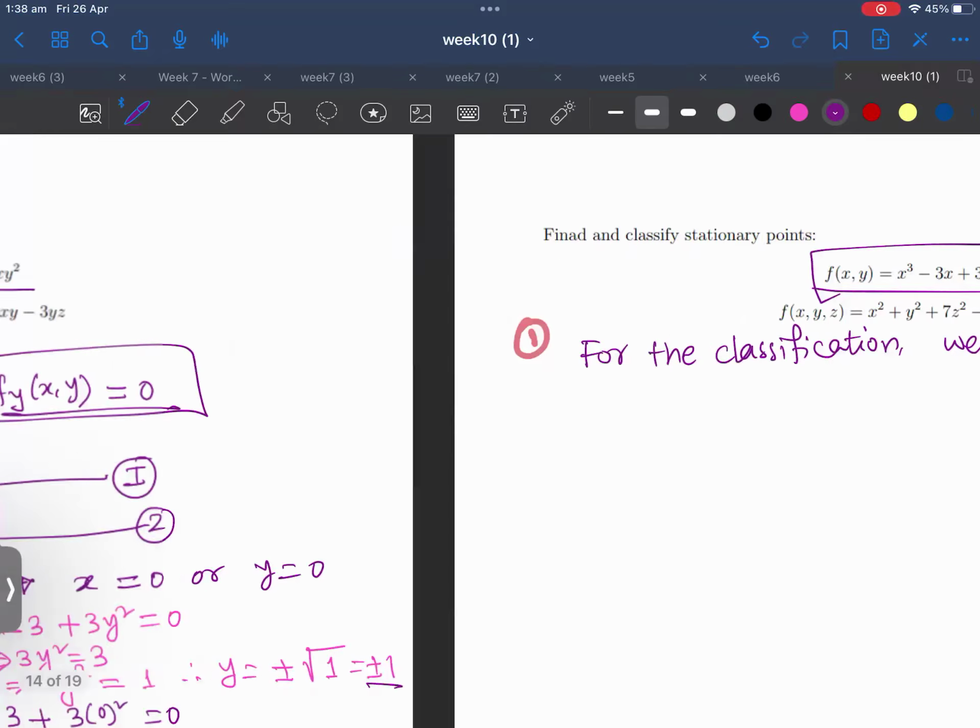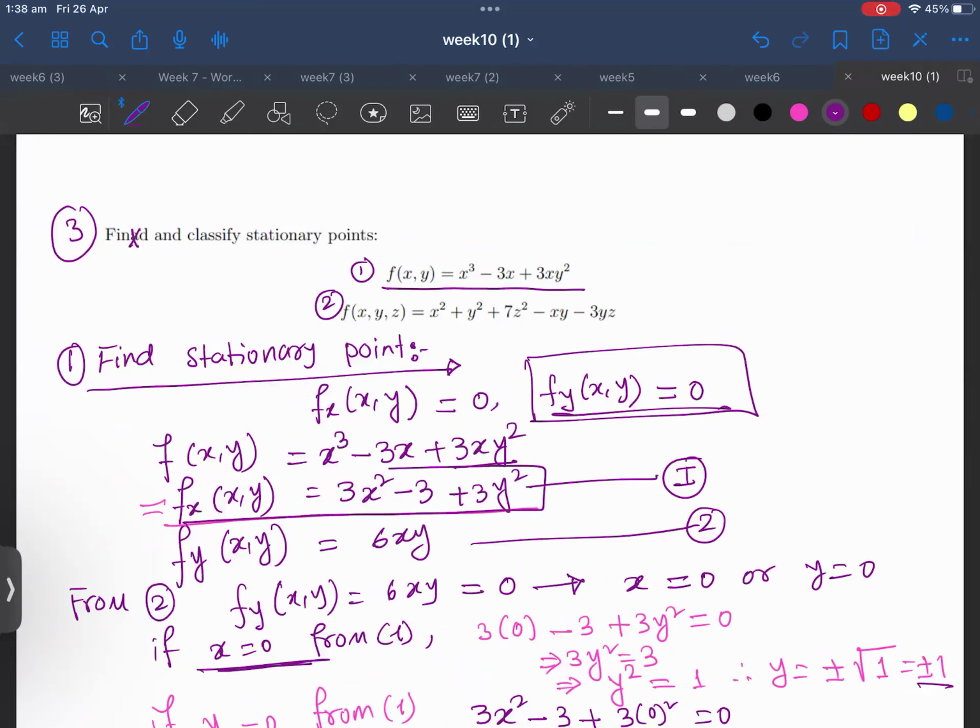We have f of x, this one. If you differentiate again with respect to x, that will give you 6x. And if you differentiate this one with respect to y, that will also give you 6x. And we need to differentiate for f x y, which will give you 6y.